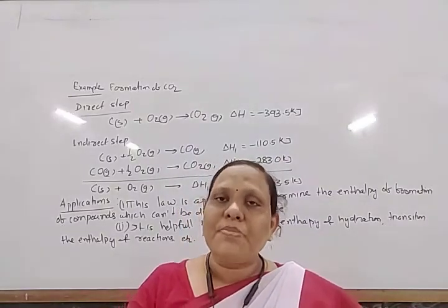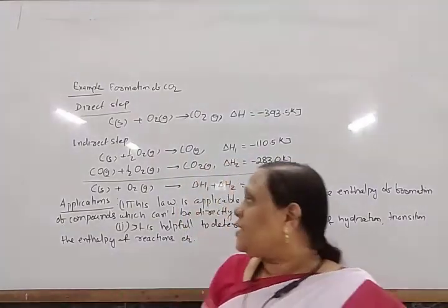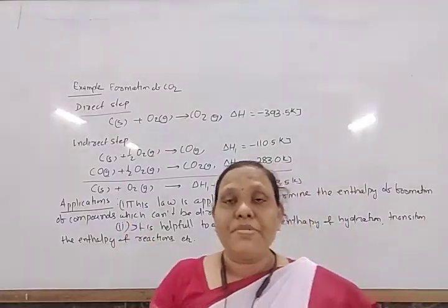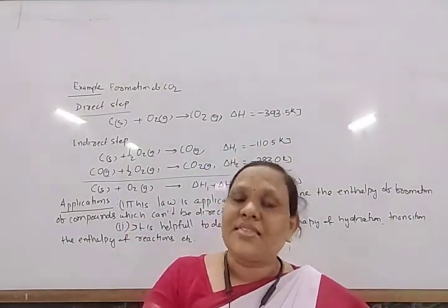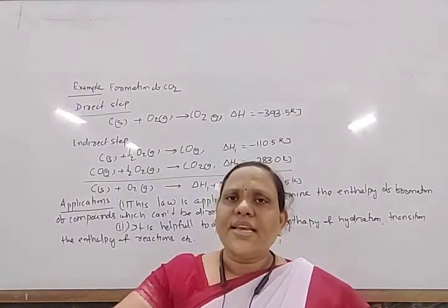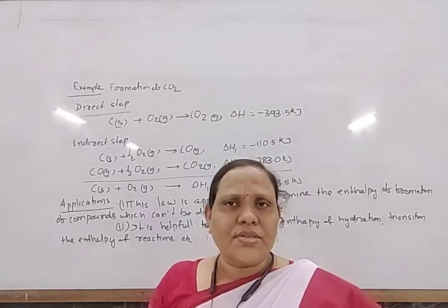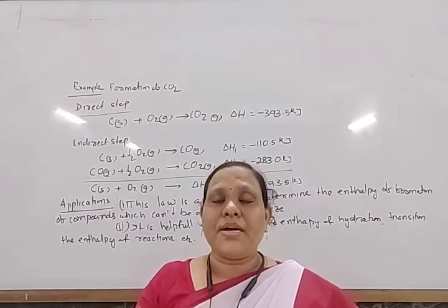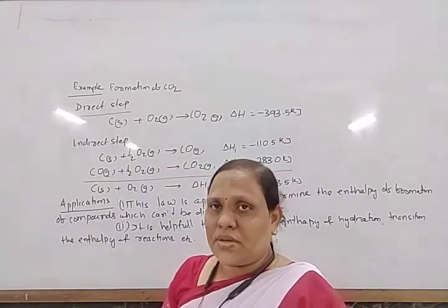Different types of enthalpy of reaction can be determined. It is also helpful to determine the enthalpy of formation of those compounds which cannot be directly synthesized from their elements. For example, HCl can be prepared directly by combining hydrogen and chlorine in the presence of sunlight, but ethyl alcohol cannot be prepared from carbon, hydrogen and oxygen.